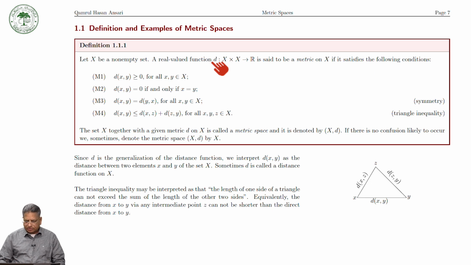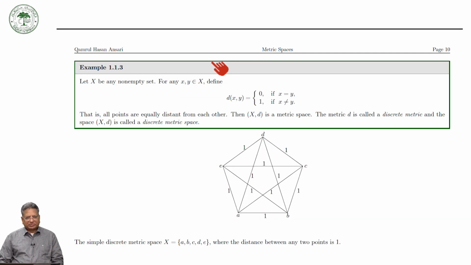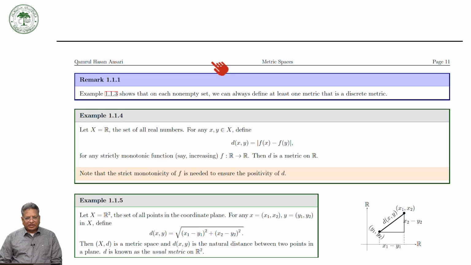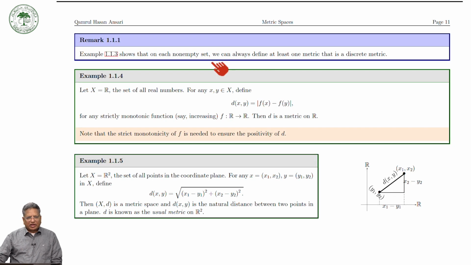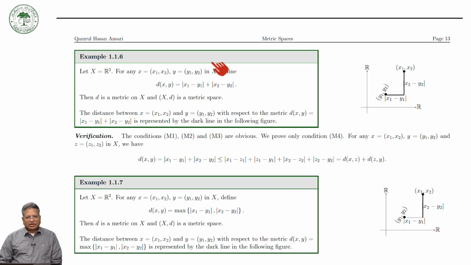And then we have seen several examples of a metric, and a set with a metric is called a metric space.